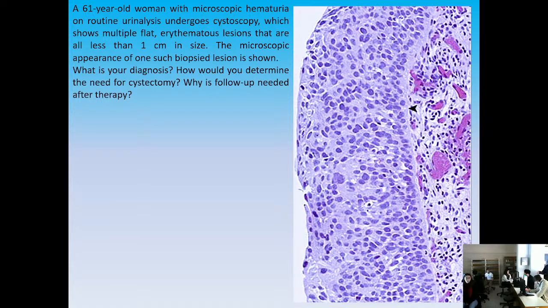You'll have the slides. So, what is this other type? This is high grade by definition. It's not like the papillary tumors we previously saw that were either low grade or high grade. This is by definition high grade, and it's flat, not exophytic. This is called carcinoma in situ of the bladder, and this is not a good diagnosis because it is related to an aggressive phenotype, and invasion is imminent.